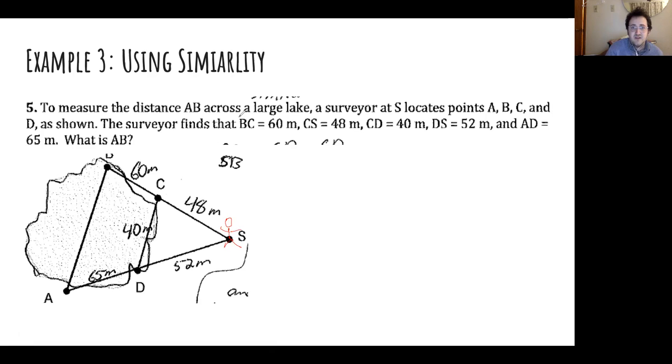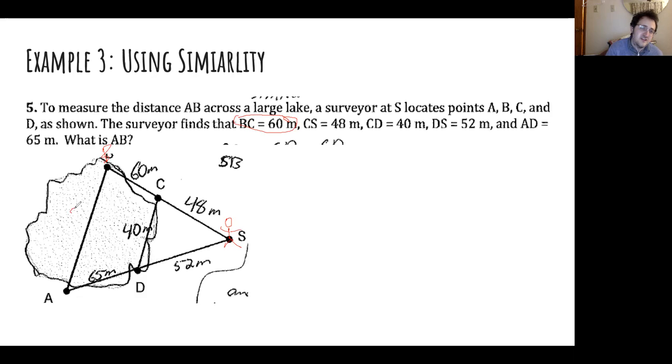So when you have this type of situation, I circle, and we already did label. So BC is 60, CS is 48, DS is 52, and AD is 65.